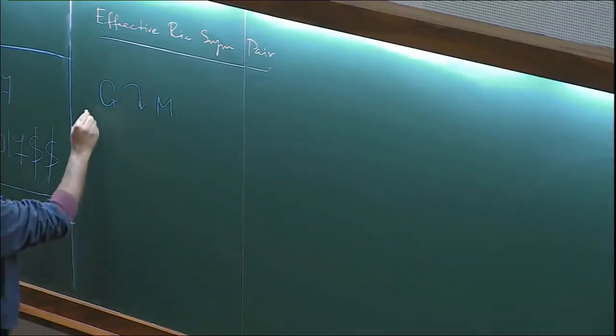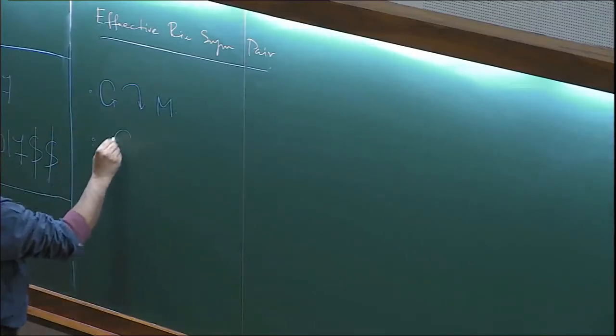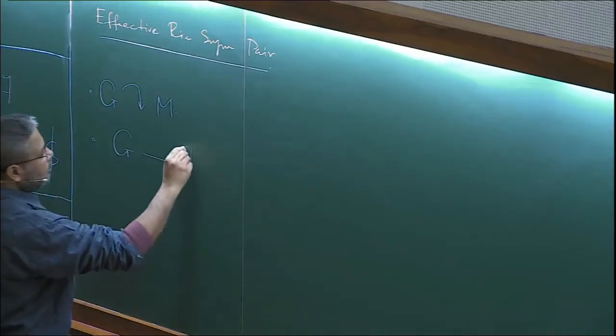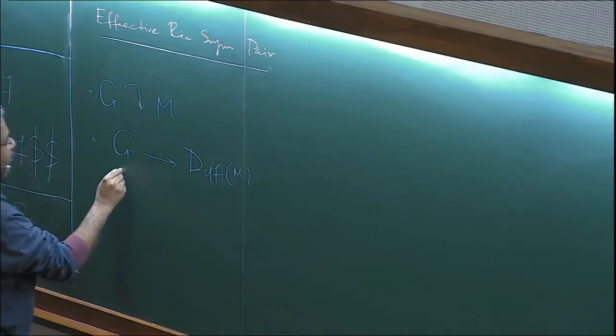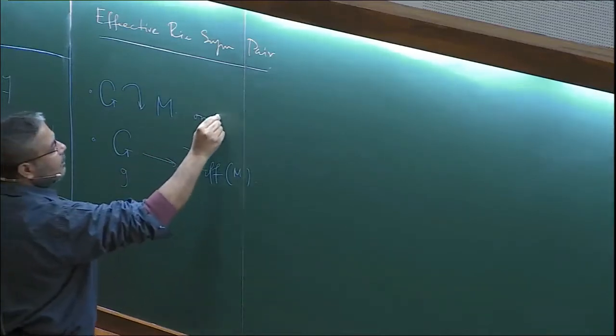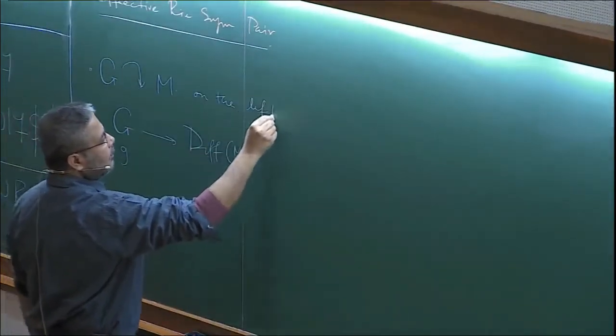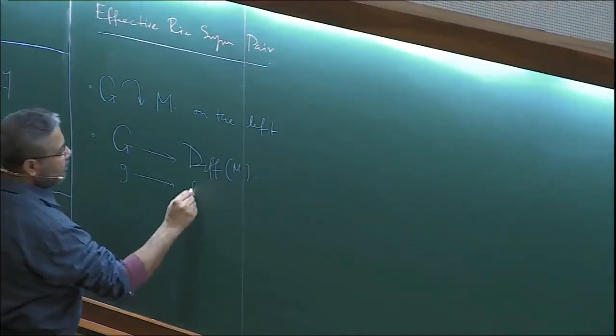So G goes to the group of diffeomorphisms, I have a map acting on the left, G going to LG.